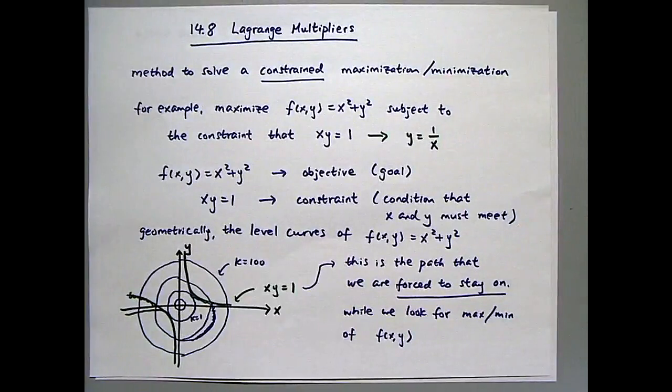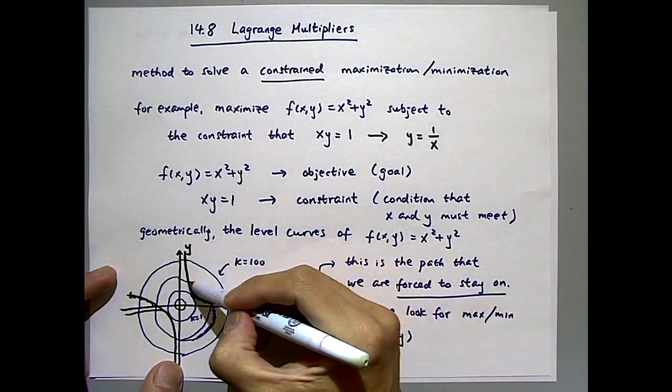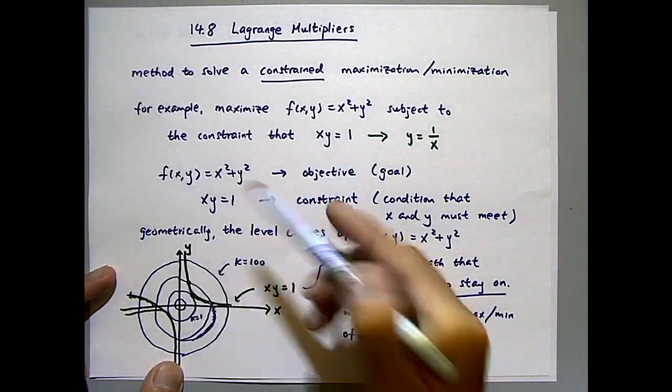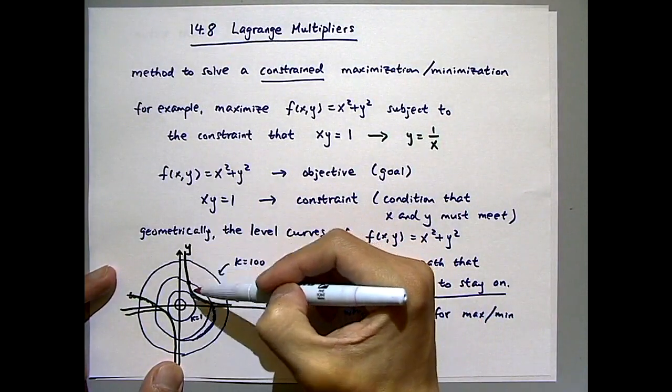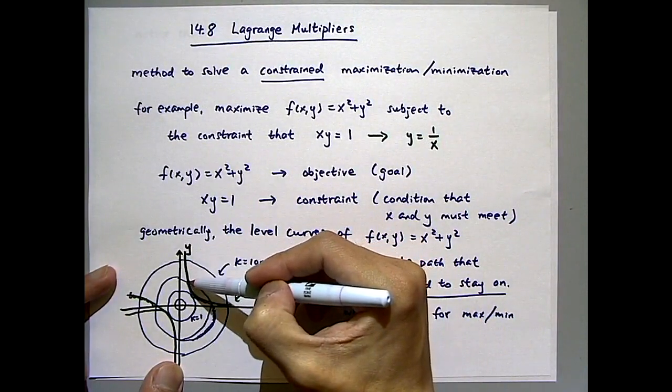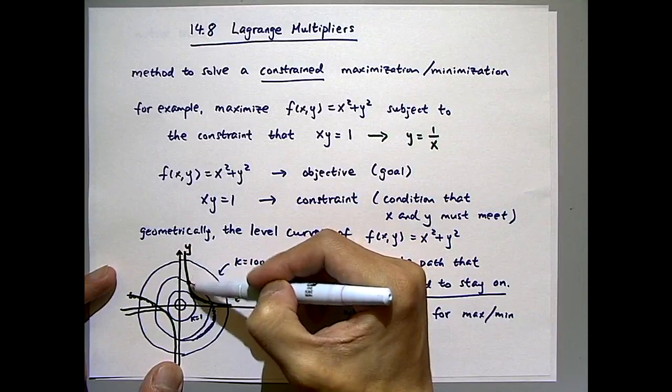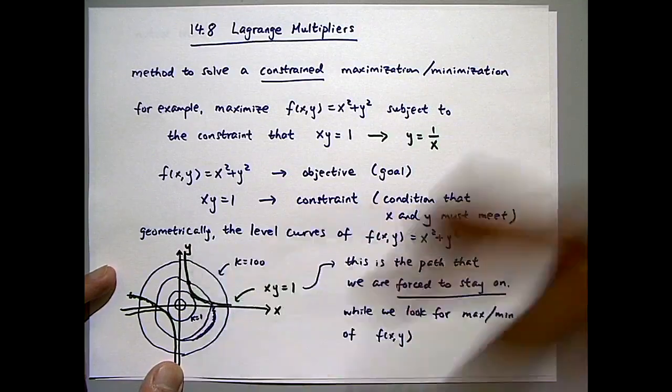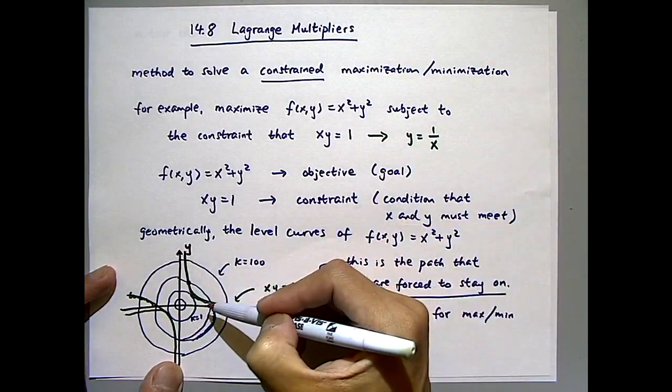The reason is because if it's not tangent, then I can move on the constraint curve. Imagine if I'm at this point, my level curve is not tangent to my constraint curve. That means I can move a little bit to the right or to the left of that point and find a higher k or lower k.